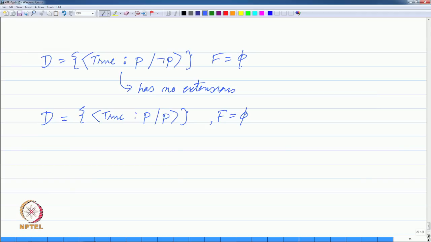So, what should be the extensions for this? So, again if you go through the details, you will see that this has two extensions.